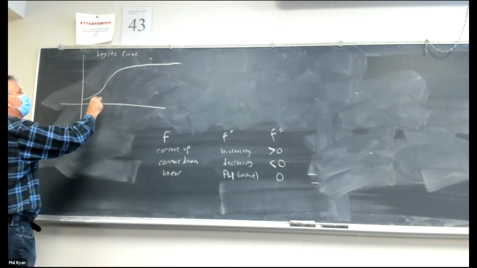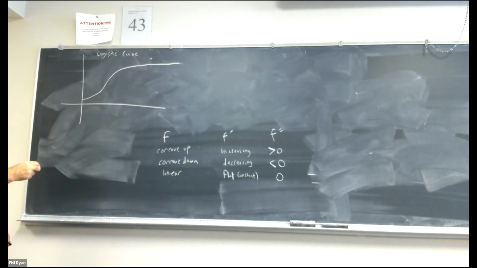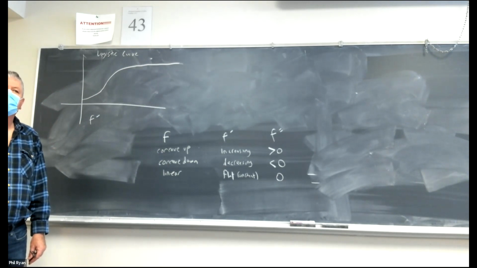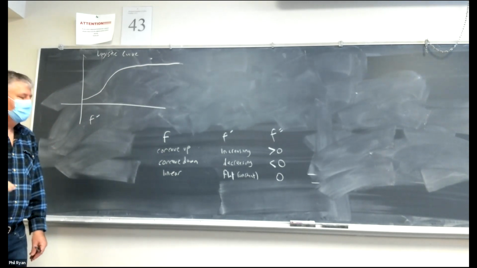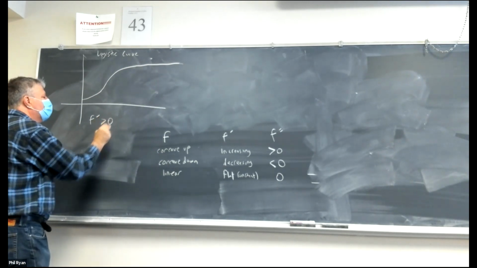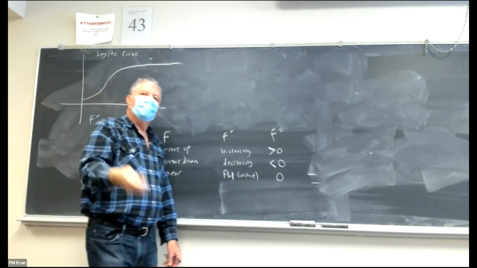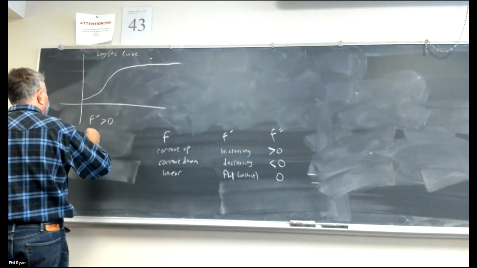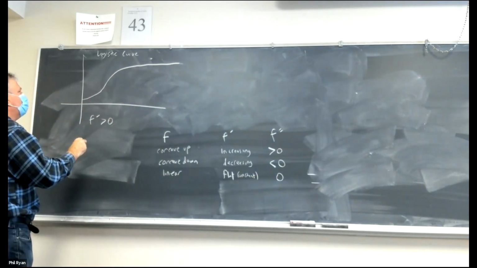And so what can you tell me about f prime? It's positive because it's always increasing. So population is always increasing. What about f double prime?